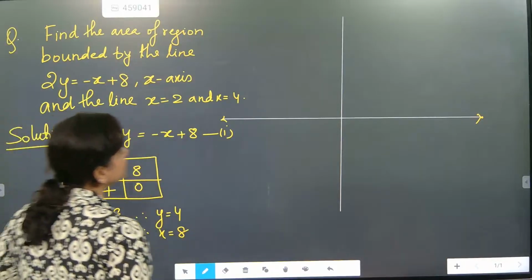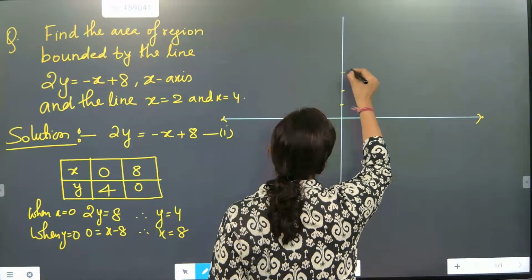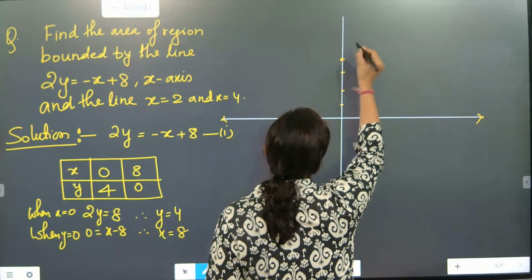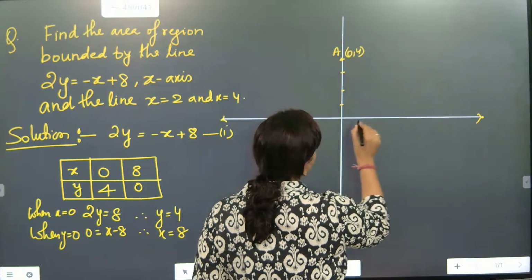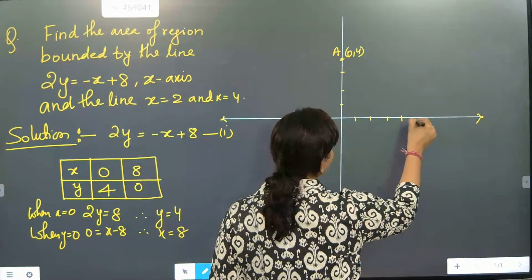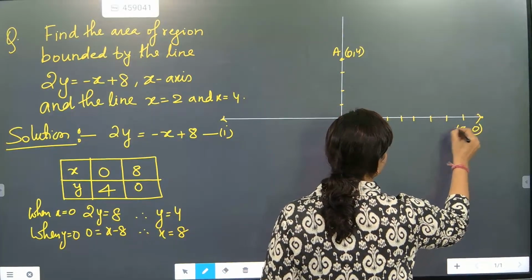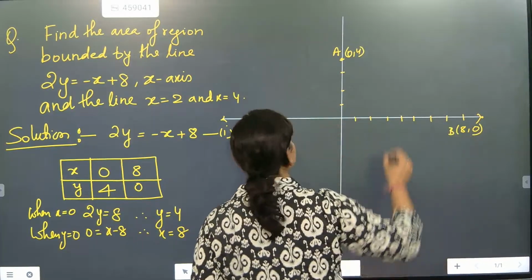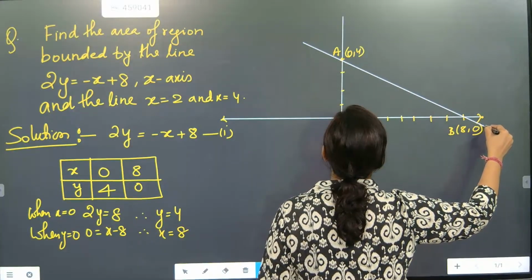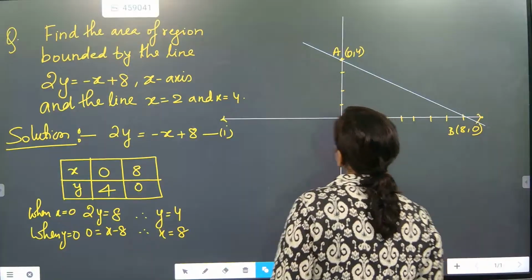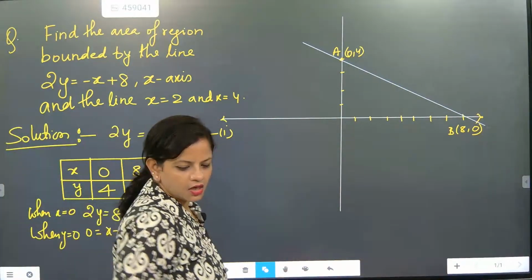So here when x is equal to 0, y is coming as 4. 1, 2, 3, 4. We will place a point here, x is equal to 0, y is 4. Here 1, 2, 3, 4, 5, 6, 7, 8. When y is equal to 0, x is coming as 8. Now this part is enclosed.